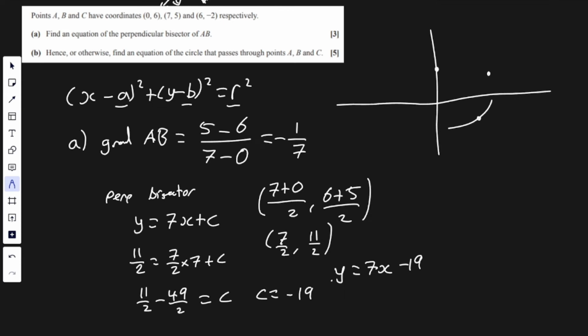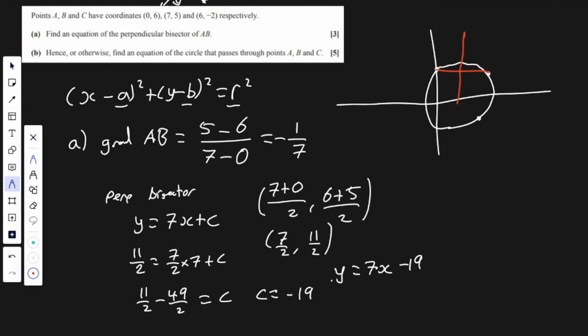Now a circle that connects them all up could be maybe something like that. And what did we actually do in part A? Well, we connected A and B up, and we found a perpendicular bisector. Now it's a circle theorem that our bisector goes through the center.